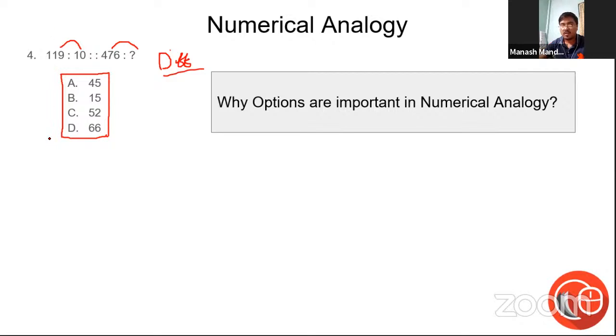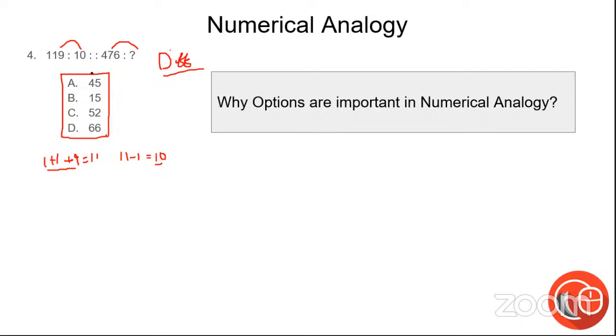For example, the first logic is, what if we add all of this? 1 plus 1 plus 9 is 11, and 11 minus 1 is 10. So we have got 119 and 10.